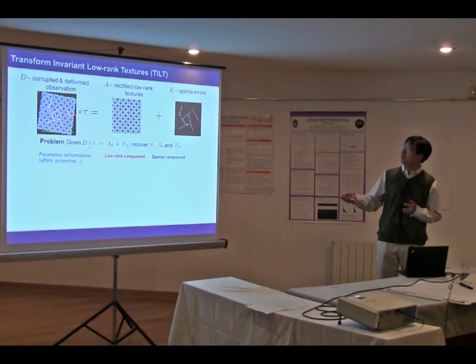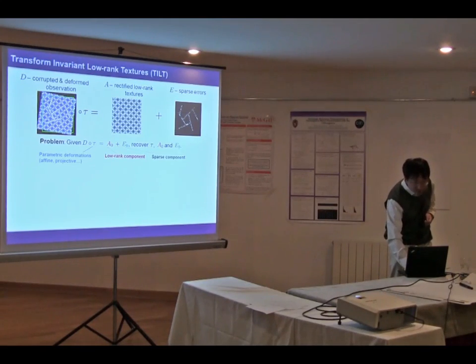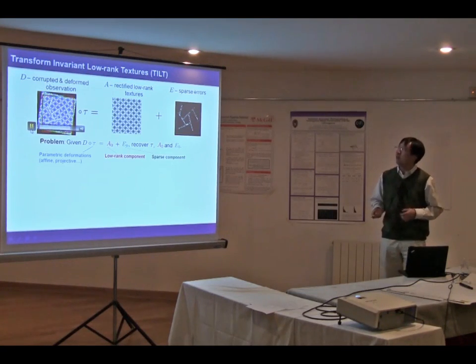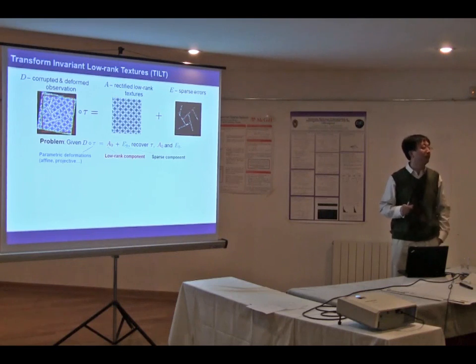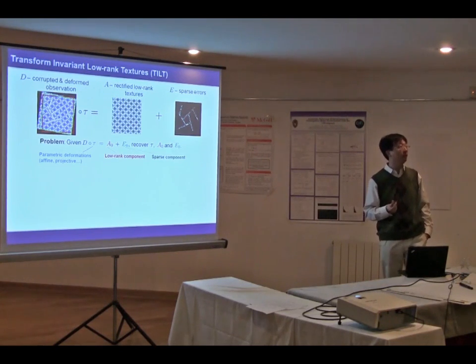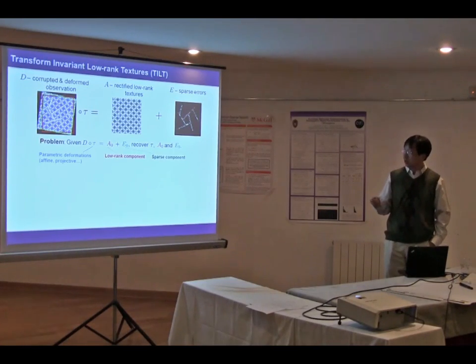You see, let's say, a rotated version. For human eyes, we have no problem deciphering this image, right? We immediately know this is a rotated, corrupted one within a fraction of a second. But for a computer to do this is very, very difficult, at least up to this work.